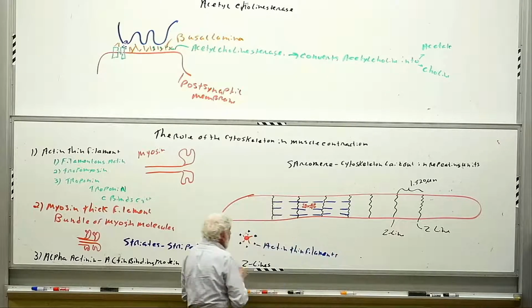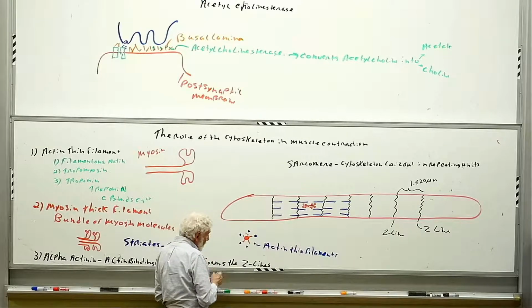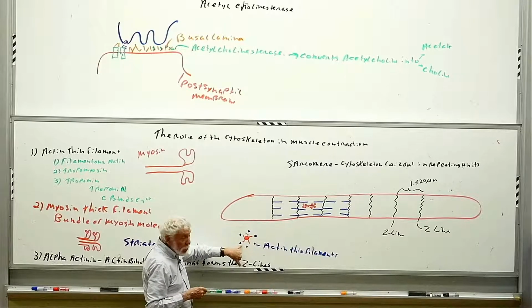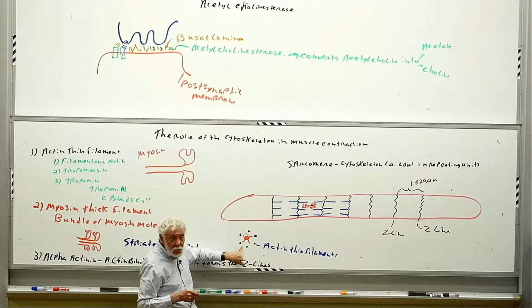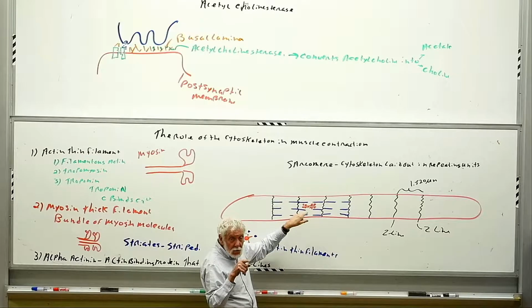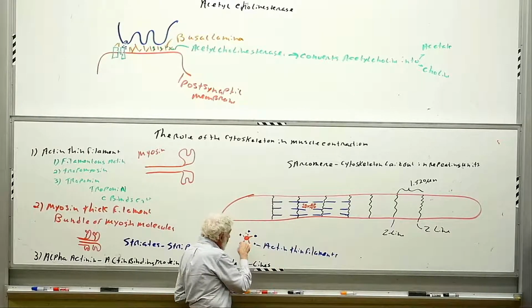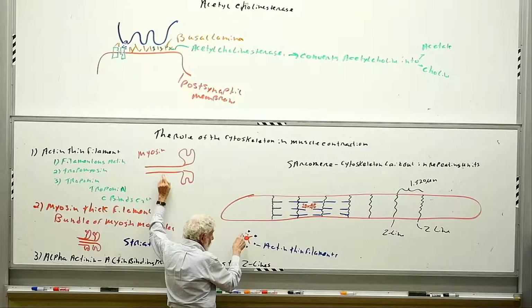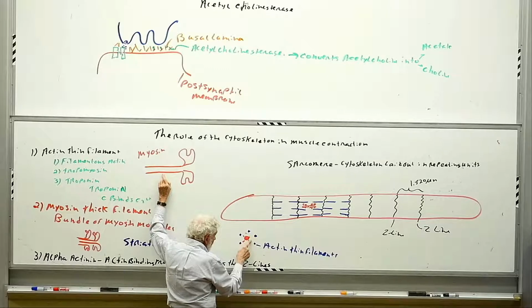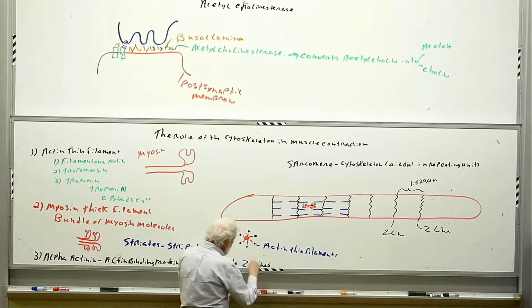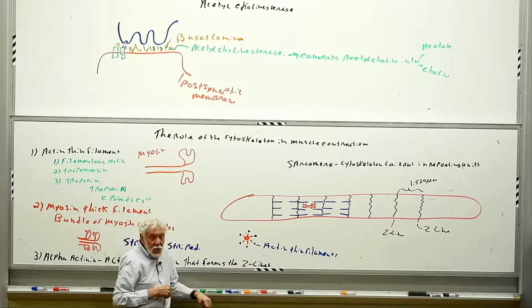What I'm attempting to show you here is that these myosin heads are arranged in such a way that they are trying to reach up and contact the actin thin filaments. So each of these myosin filaments will be surrounded by 6 actin thin filaments. And the center of this structure is going to be the tails of the myosin. And the outer side is going to contain 6 of these. I only put 5 in here. So the myosins now are trying to reach up and contact that actin thin filament.